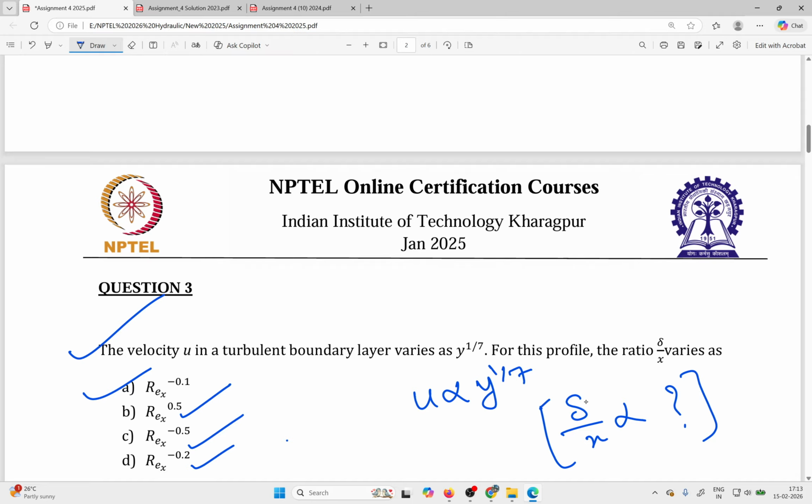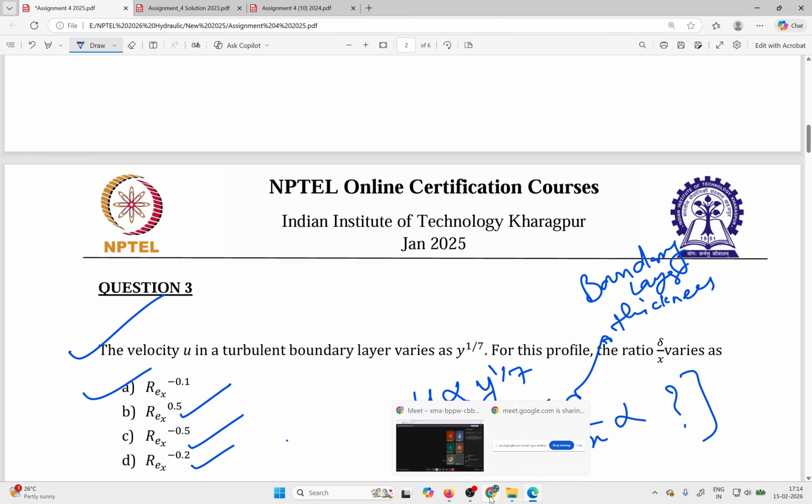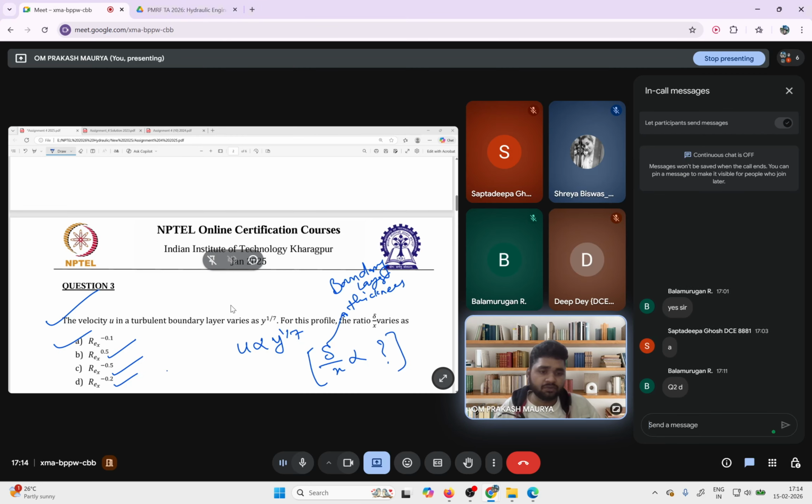Remember, delta is your boundary layer thickness. Okay, you are telling option D for question 2, fine. Yes, for question 2, option D was correct. For question 3, please just try to think on that.